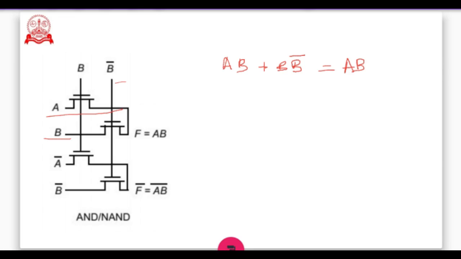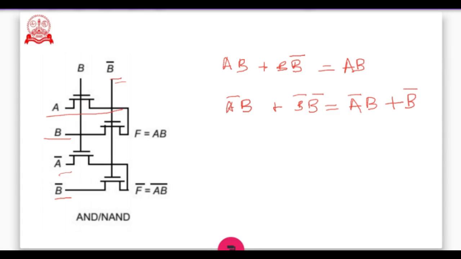Now we have to obtain NAND. So we have A bar B plus B bar B bar. B bar B bar is equivalent to B bar. So it is A bar B plus B bar.